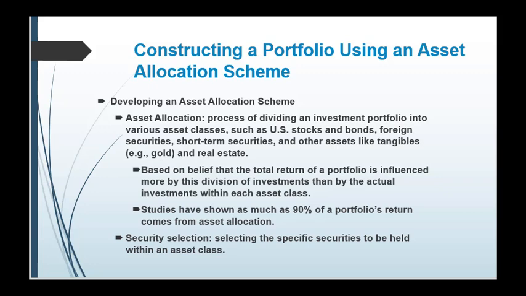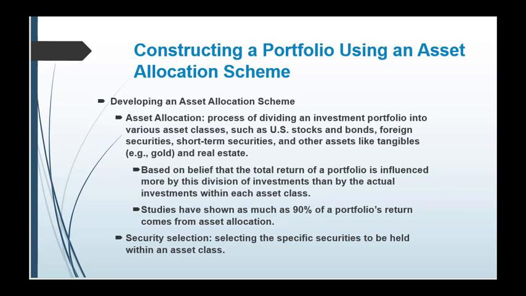Now, the idea here is based on the belief that the total return of a portfolio is influenced more by this than by actual investments in each asset class. So again, there have been studies showing that about 90% of a portfolio's return can be attributed to asset allocation. So what does that mean? It really means that there's two steps to the process.